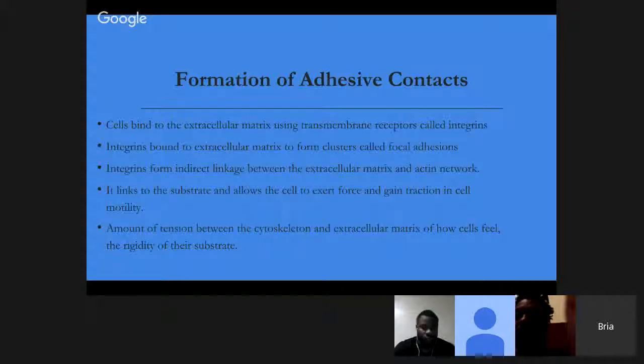It links to the substrate and allows the cell to exert force and gain traction in the cell's motility. The amount of tension between the cytoskeleton and the extracellular matrix is how cells feel the rigidity of their substrate.